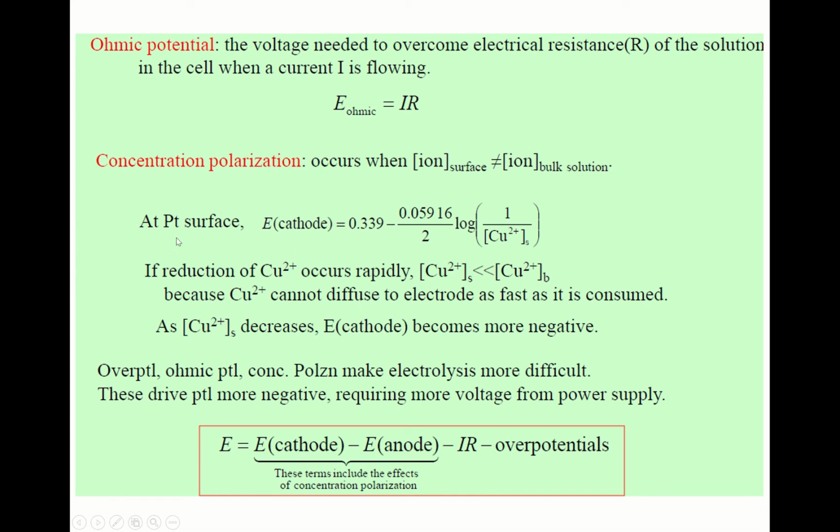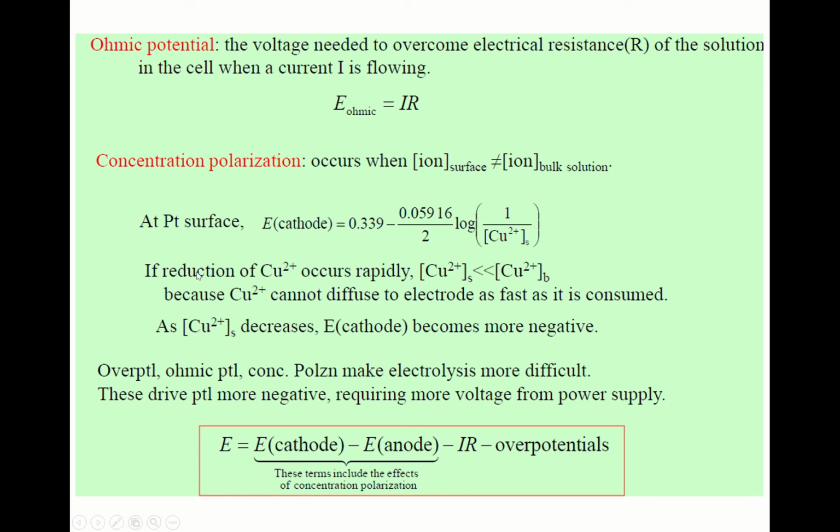For example, at the platinum surface in our previous example, the cathode potential is given by the Nernst equation, and before we didn't put this subscript s. S means the surface. We simply used the copper ion concentration, but actually this copper ion concentration is the surface concentration, as I mentioned several times, because the electrochemical reaction takes place at the surface.